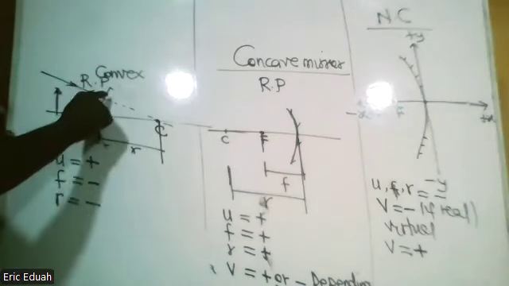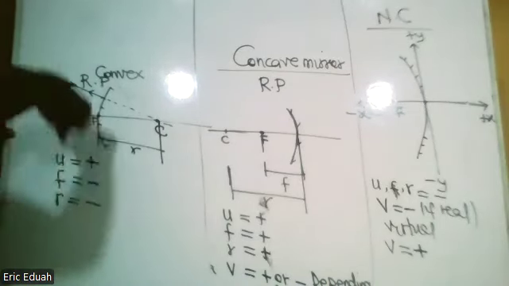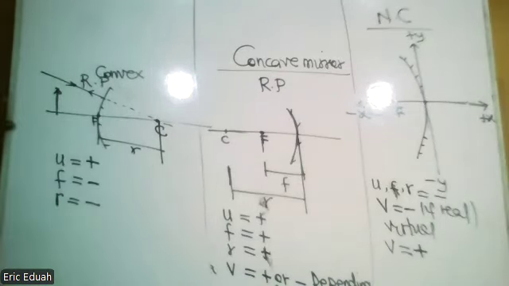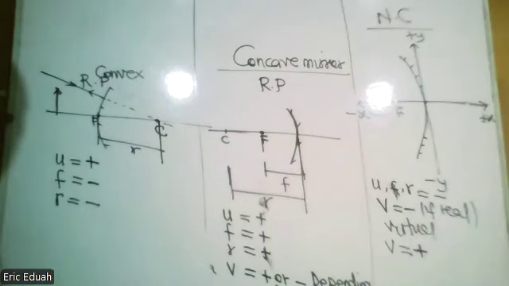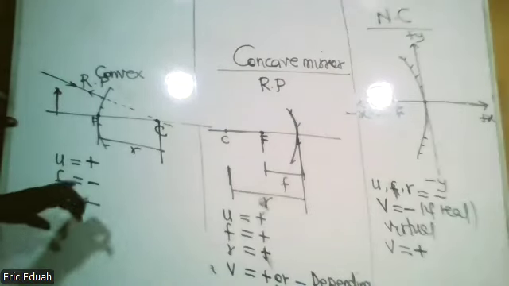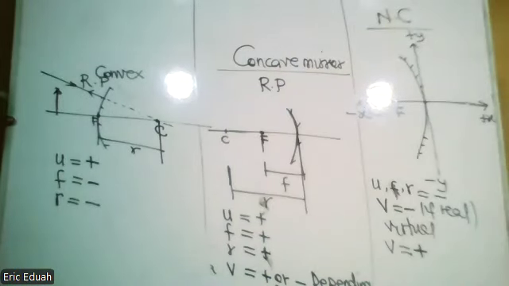But for a convex mirror, there's no way R will ever be in front. It is always behind the mirror, like the principal focus. When we finish, go back to your notes and look at all that we said about concave and convex.